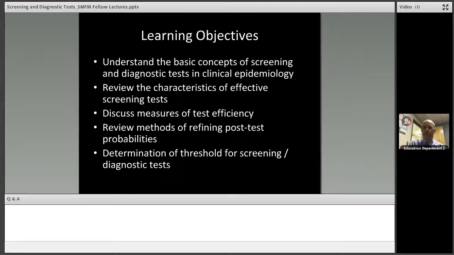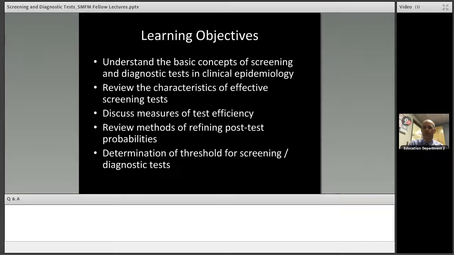So the goal of my talk is to look at the concepts of screening and diagnostic tests, review the characteristics of effective screening tests, and then discuss how we measure the efficiency of tests that we use for diagnosis as well as for screening. And then finally look at how you use this test to refine patients' probabilities, both post-test and pre-test.